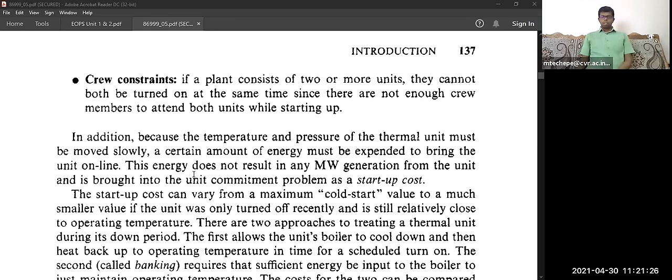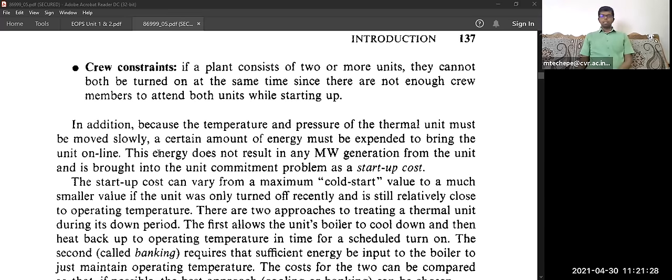In addition, the temperature and pressure of the thermal generating unit must be moved slowly.